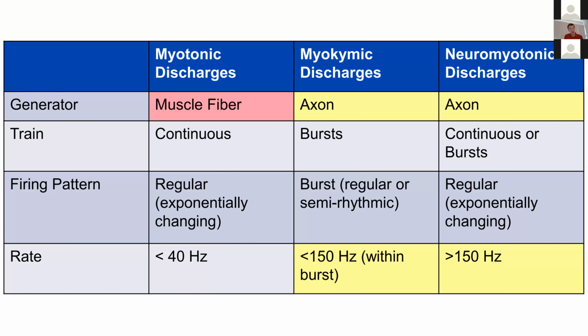Within the burst, there is a frequency of less than 150 Hertz. In a myotonic discharge, a frequency of less than 40 Hertz. But in the myokymic discharges, we also have this frequency of the bursts itself, which goes up to 10 Hertz. Try to differentiate very well myokymic discharges from just a tremor registration, like we have also in frequencies between 5 and 10 Hertz.